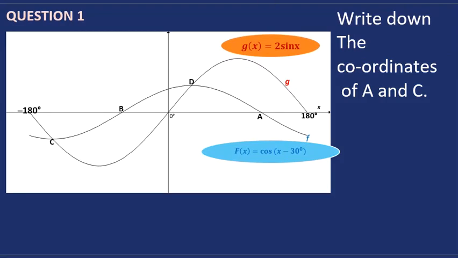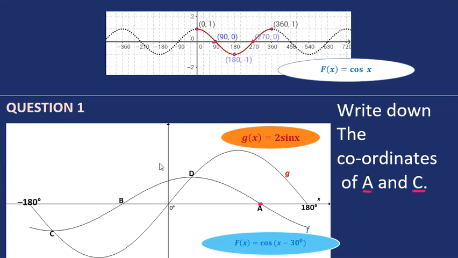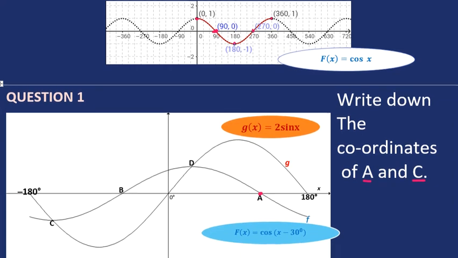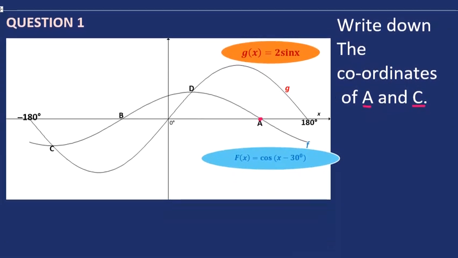All right, question 1. We're being asked to write down the coordinates of A, this point here, and C. So if we look at the cosine function, this is where the cosine function cuts the x-axis for the first time on the right-hand side. The original cosine function would cut the x-axis at 90 degrees. Now, it has shifted by 30 units to the right.